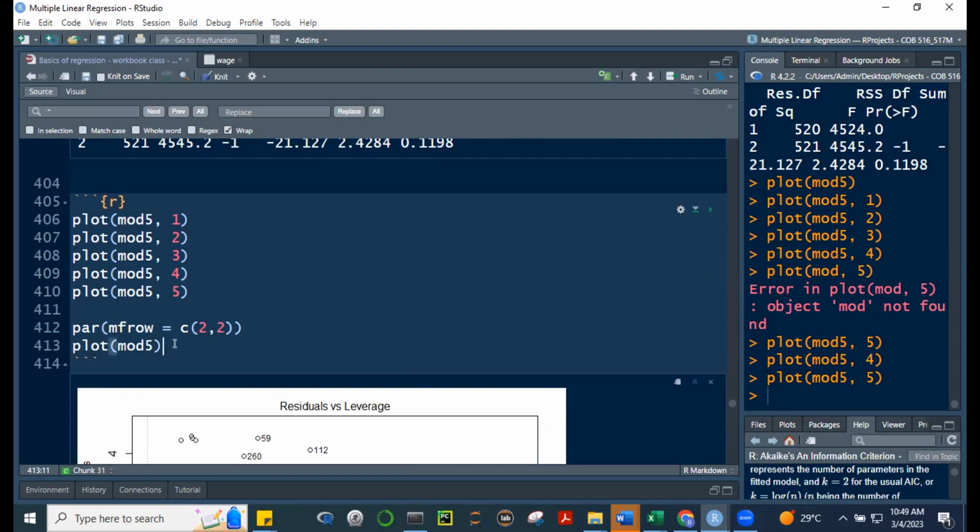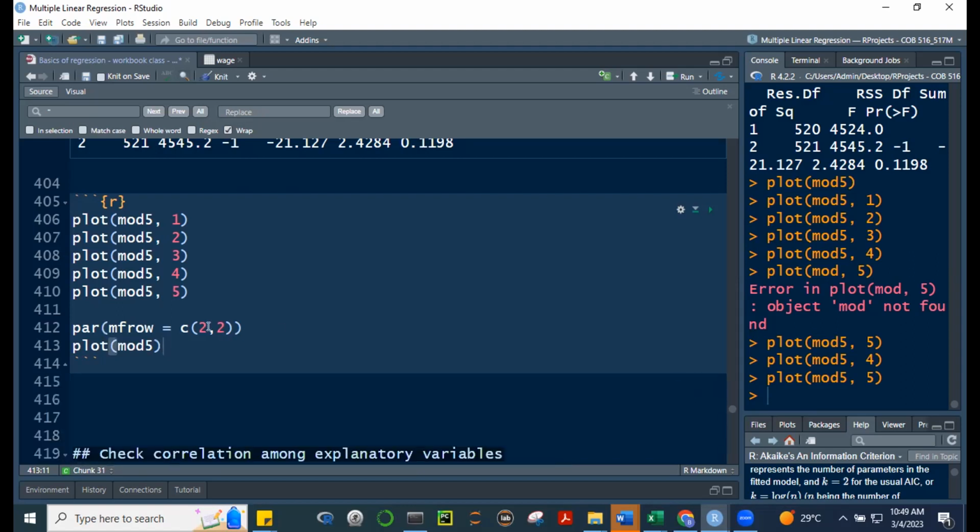Okay. So if we run this together, it will generate, ito kasi isa-isa lang, di ba? Ito, together sila. Kaso ang inaano lang nito yung 4 lang. Hindi niya generate yung pang fifth, yung residuals versus leverage. I don't know why. No? I've tried making this 3, 2, 2, 3, 3, 3, etc. Hindi pa rin generate.